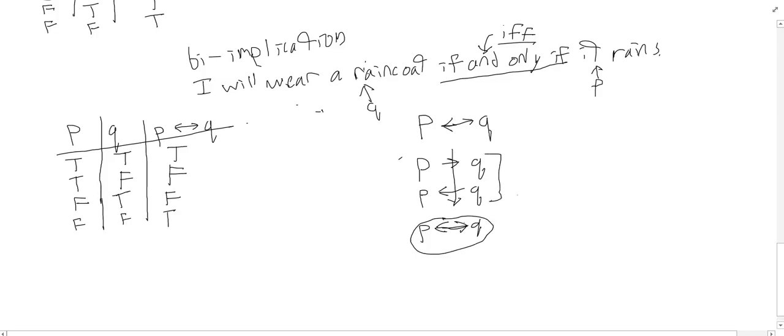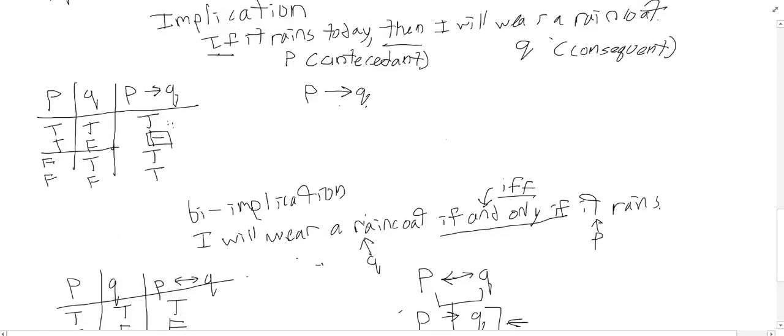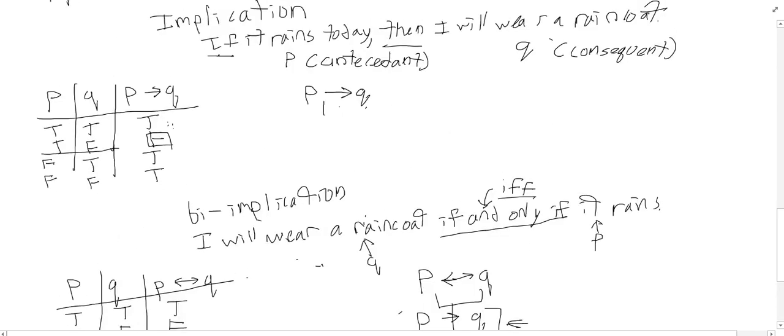There's a technical name for each of these versions of the proposition. We'll get to that in a little bit in a different video. But the important thing to note here is that if P implies Q and Q also implies P, then you have a biconditional. You don't have an implication.